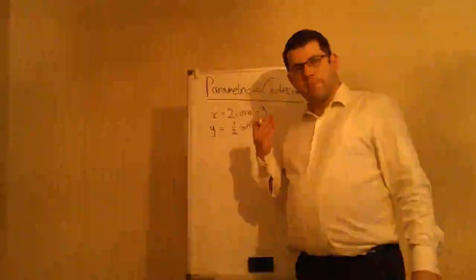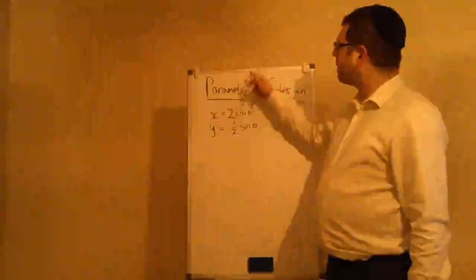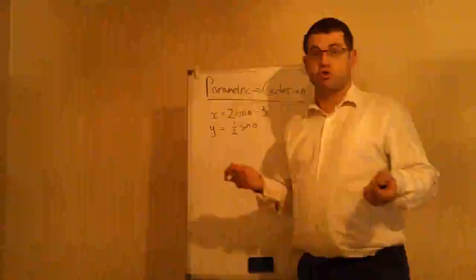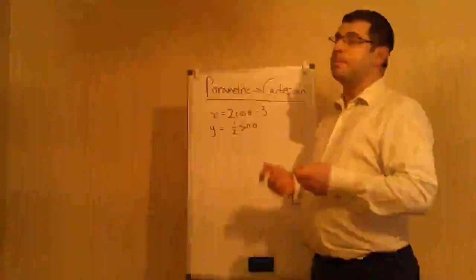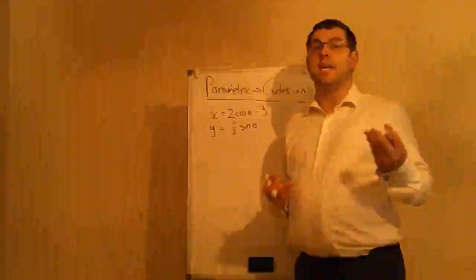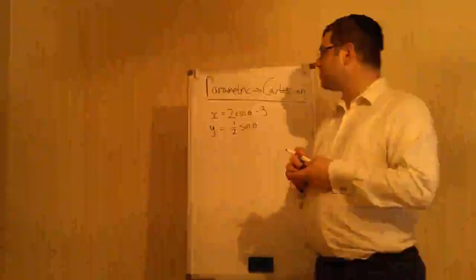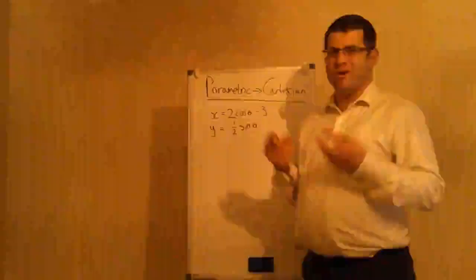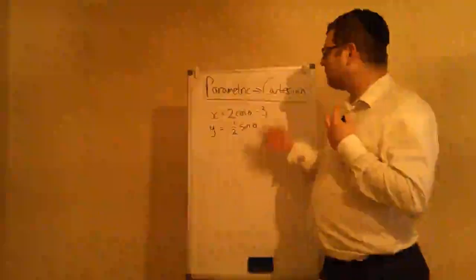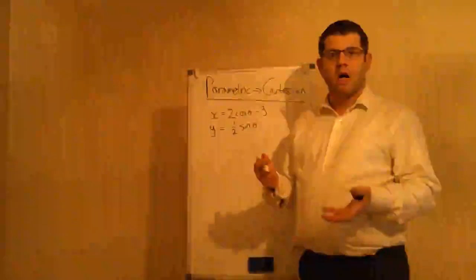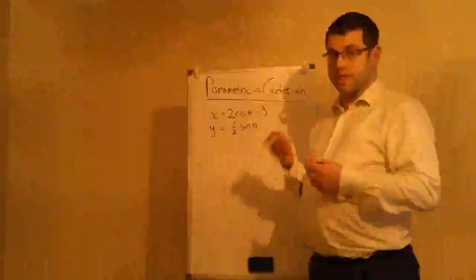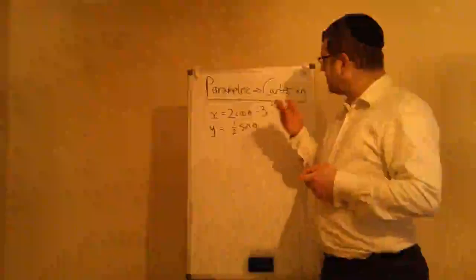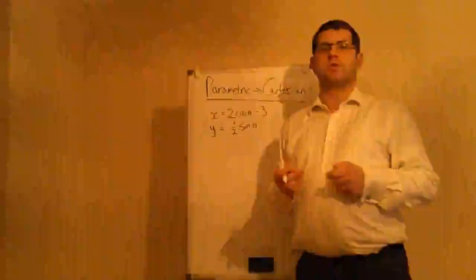Now, with parametric equations that are converted to Cartesian where it's not trigonometry, we simply make theta the subject. Sometimes t is the parameter that's used. Notice if we do that here, we end up with a horrific expression which will involve arc cos and arc sine, and it certainly won't give us the nice Cartesian equation that we're hoping to achieve.